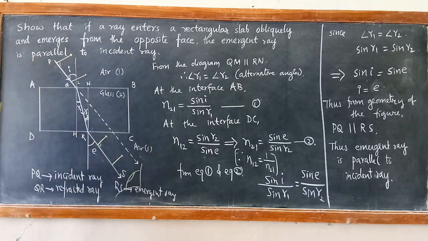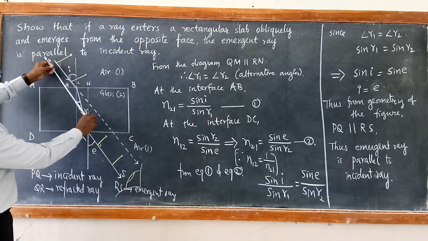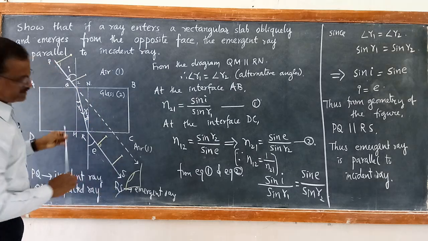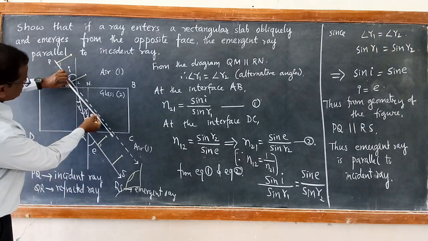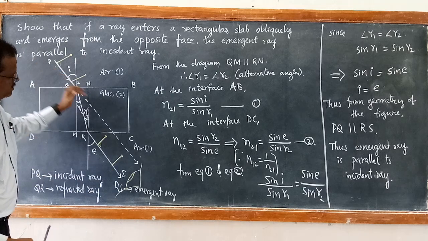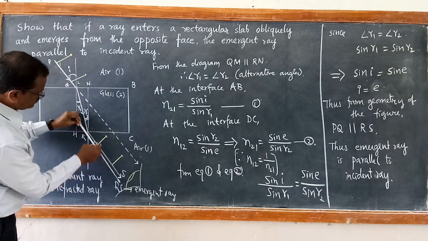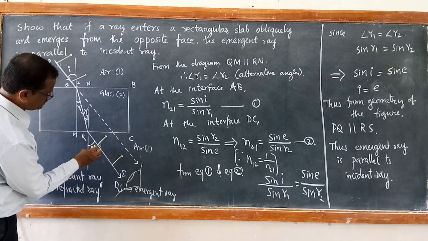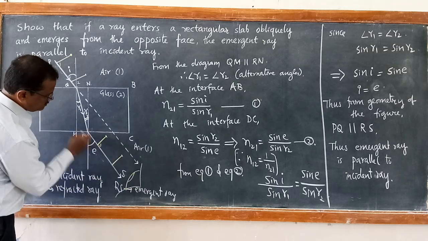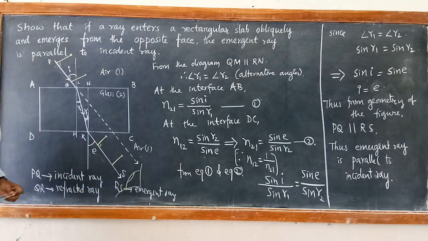Then you take out these 2 pins, mark these points, and draw the line passing through these 2 pins. Then take out the glass slab and extend this PQ. The extended PQ becomes the undeviated path. Then draw RS passing through these 2 pin holes; RS becomes the emergent ray.